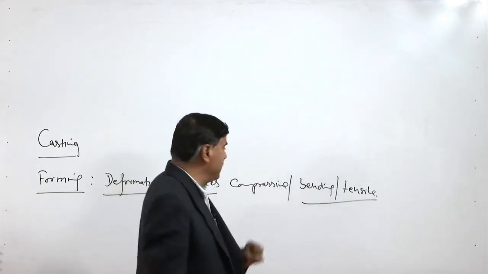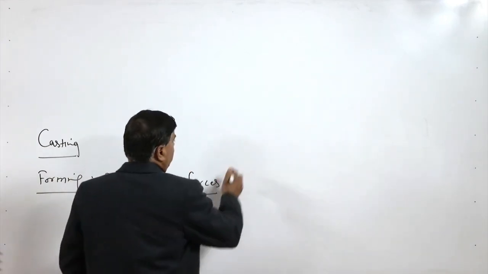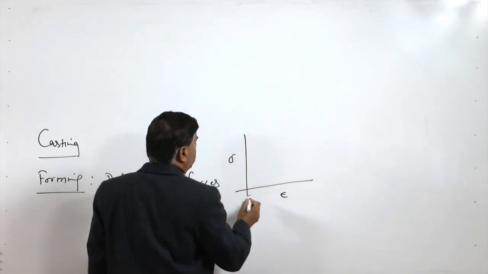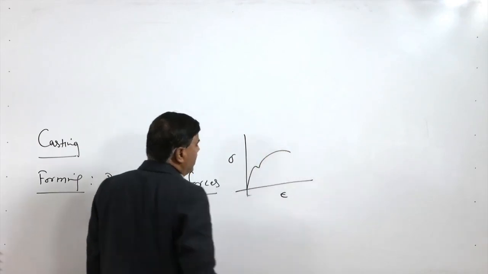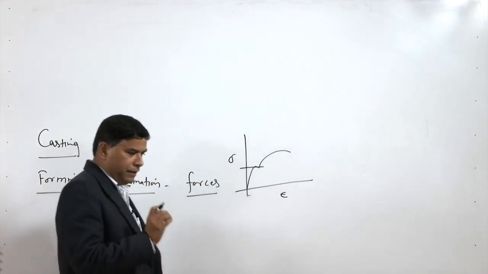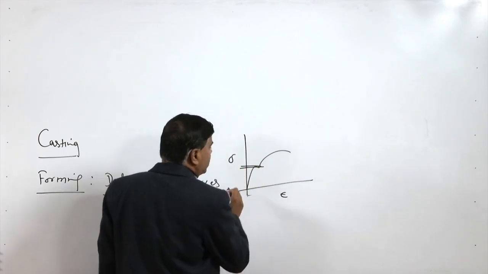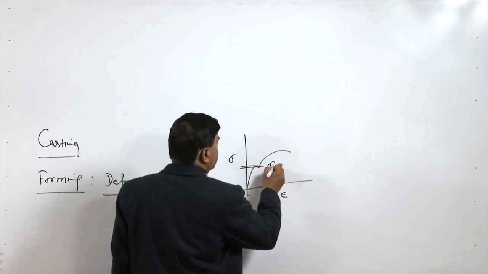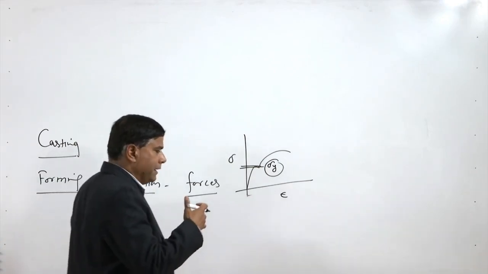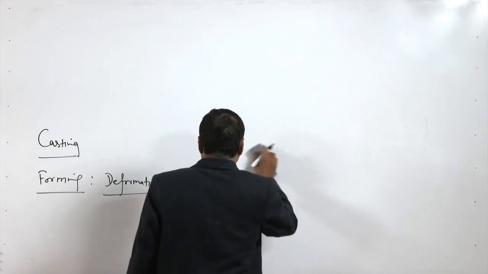Compressive force is normally applied. For achieving the deformation, we know from the engineering stress strain diagram that, for typical steel products, plastic deformation sets in after the elastic limit, and so for causing plastic deformation, it is necessary that the applied force develops stresses which are greater than the yield strength of the material, so that plastic deformation is realized.